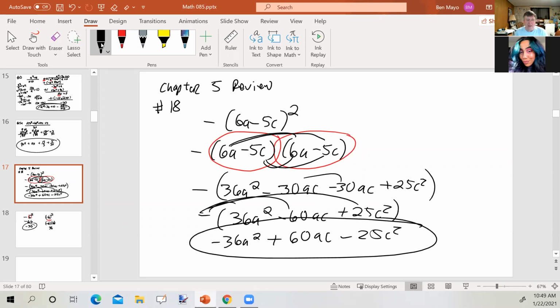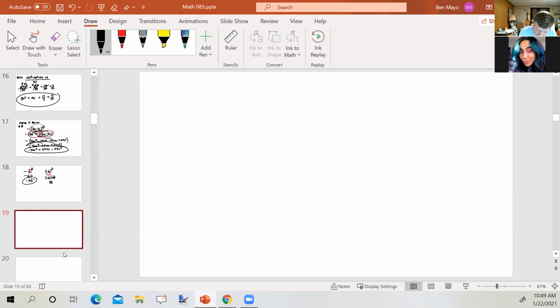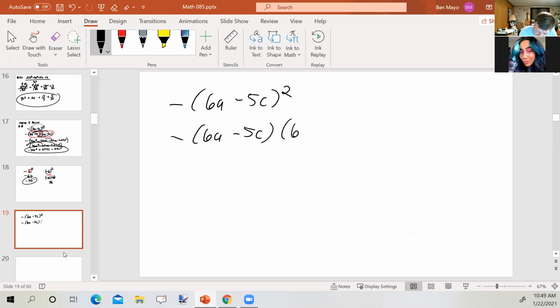Does anybody want me to go back and do it, distributing that negative sign through the first set of parentheses? Yes. Okay. Be careful. You don't want to distribute it through that whole thing. Okay. So now here we go. If we've got this, let's see, what is it? Minus 5c. Okay. So the first thing we would do is expand it. Then I'm going to distribute it through the first set. So I'm going to get negative 6a plus 5c.